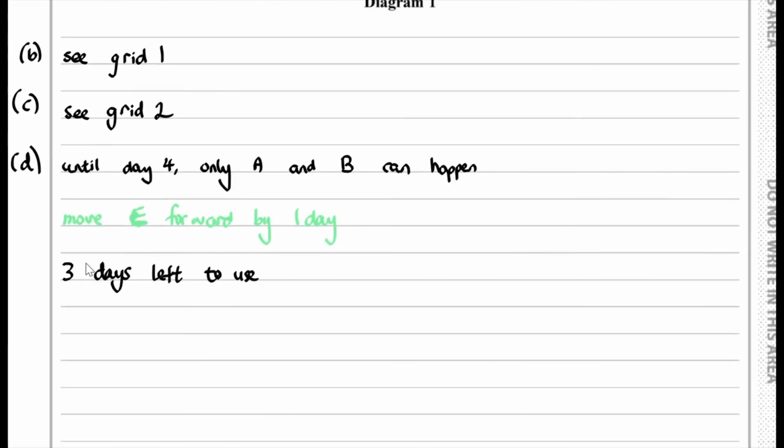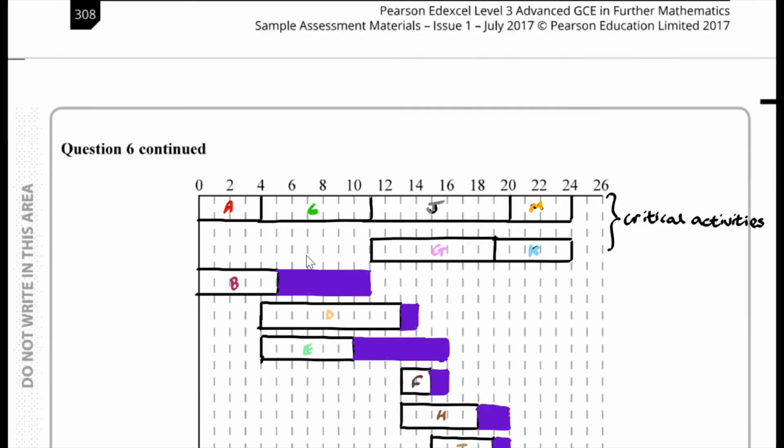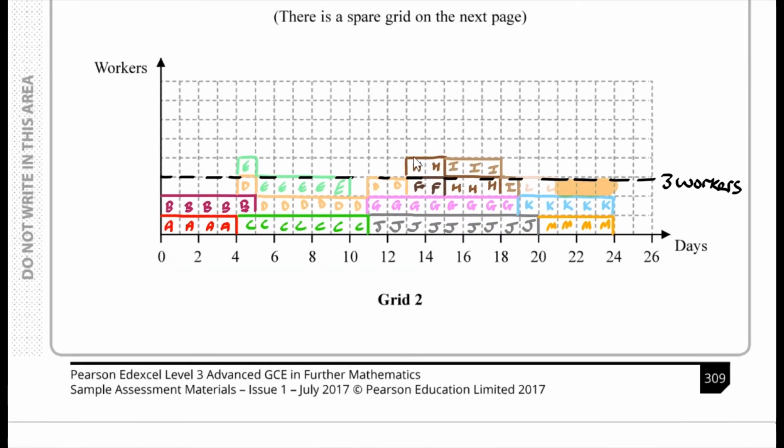So that corresponds to this over here. But the other problem is, if we consider this over here, let's just grab a different color highlighter, we have essentially 5 days to spare.